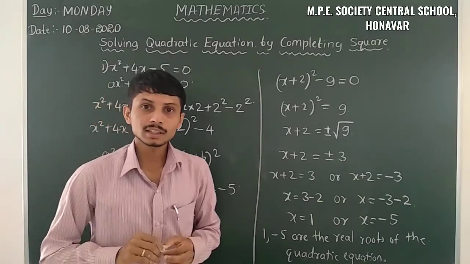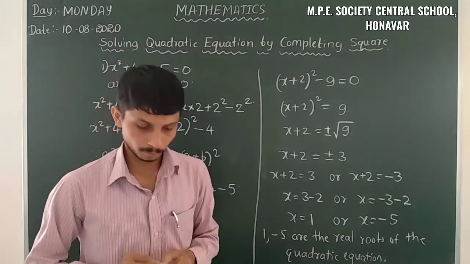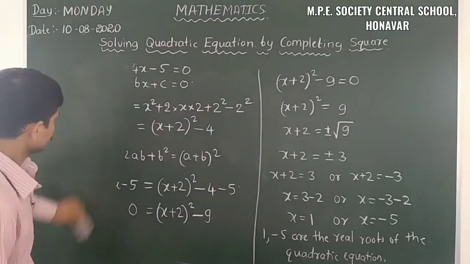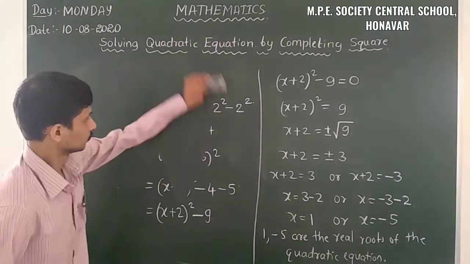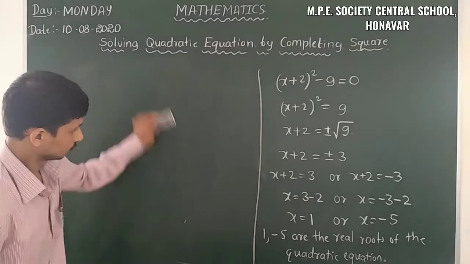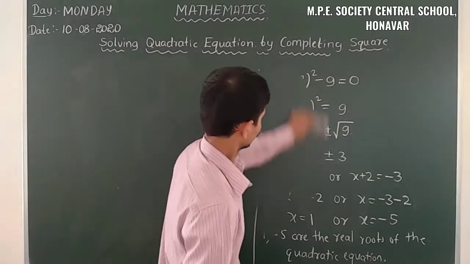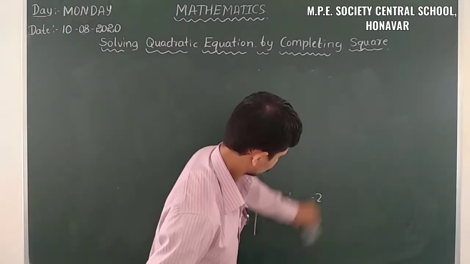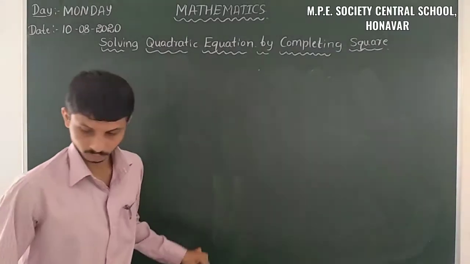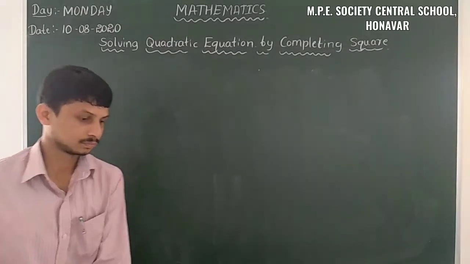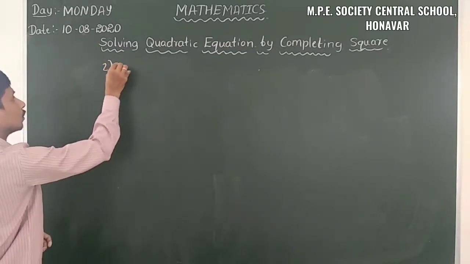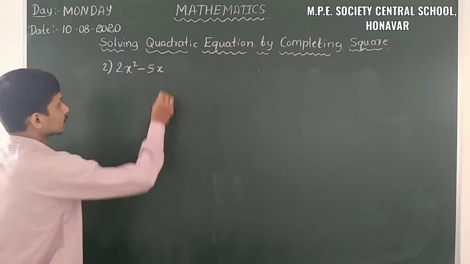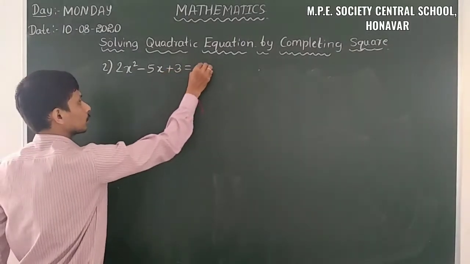So let us move on to the next problem. 2x square minus 5x plus 3 is equal to 0.